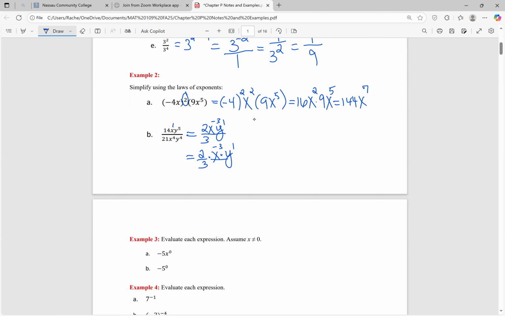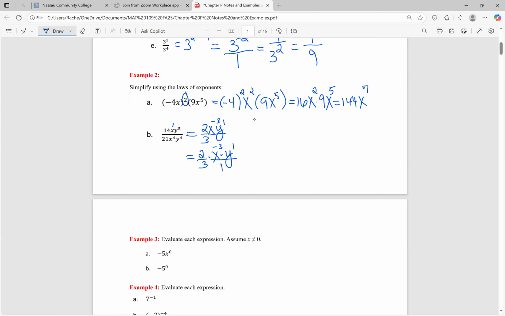You could think of these as being over 1. When we multiply fractions, we multiply across the top and across the bottom. So I would have in the numerator 2 times x to the negative 3 times y, divided by 3.